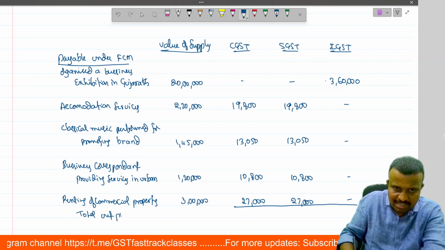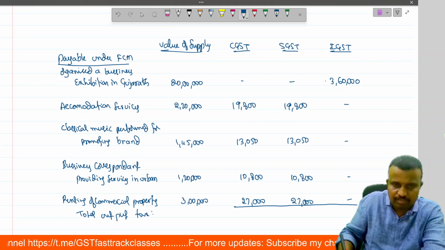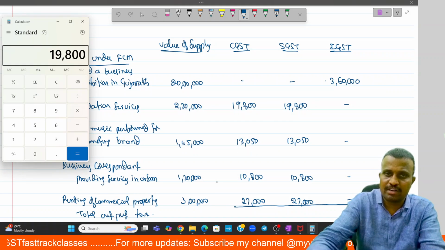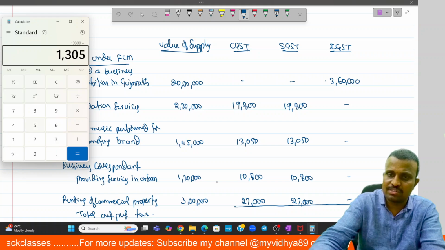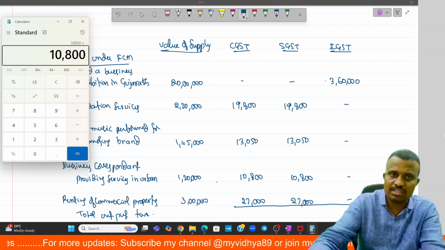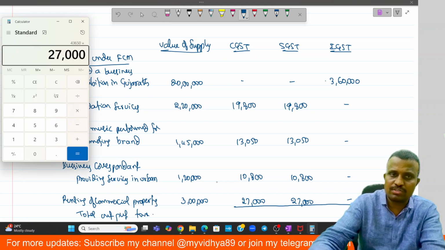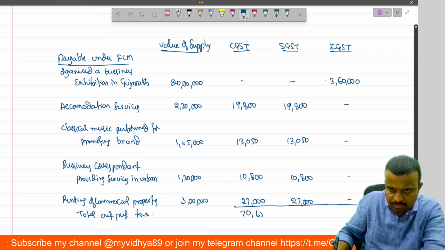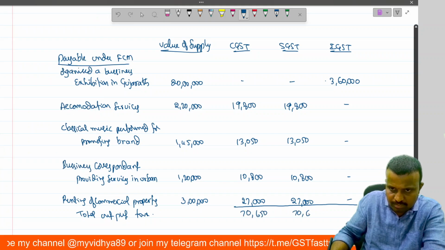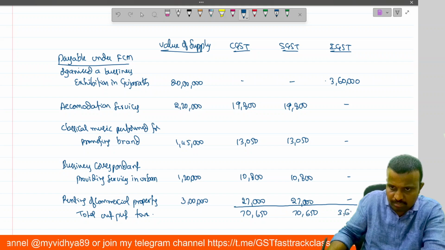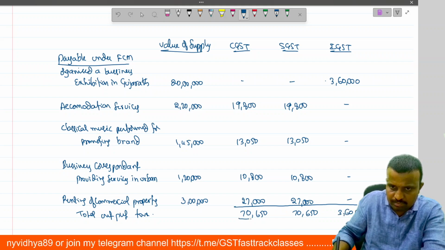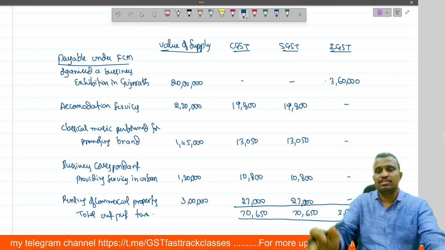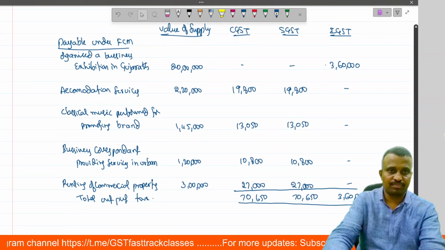Total output tax: 19,800 plus 13,050 plus 10,800 plus 27,000, 70,650. So 70,650 total. And coming to IGST, 3,60,000.